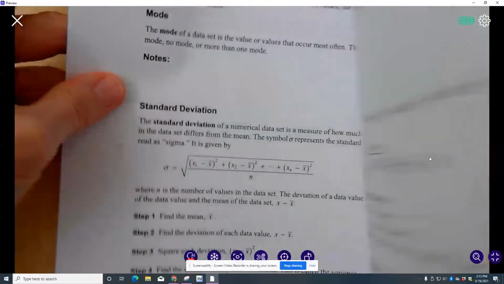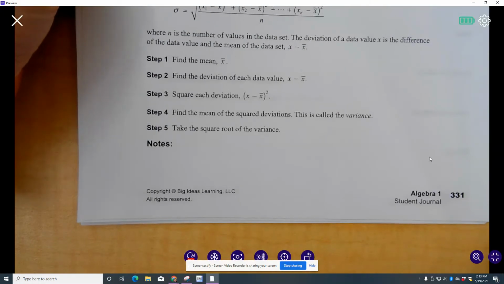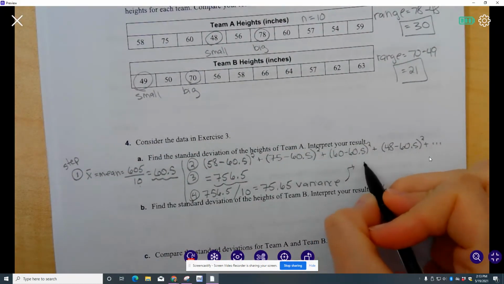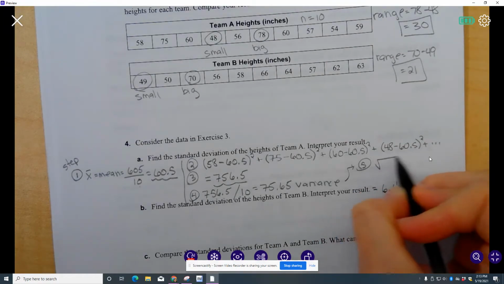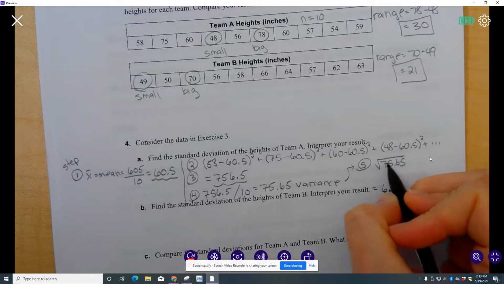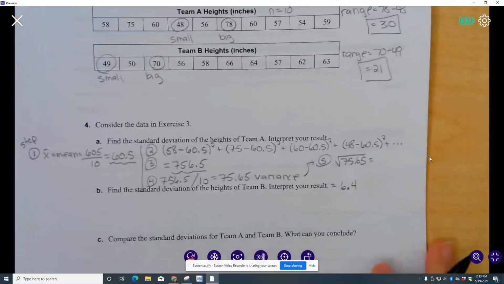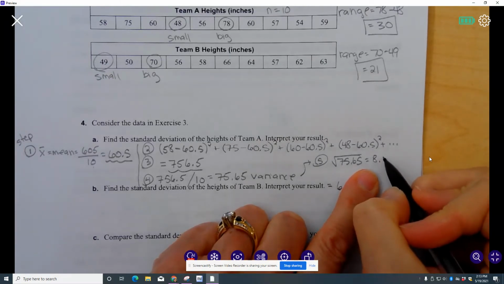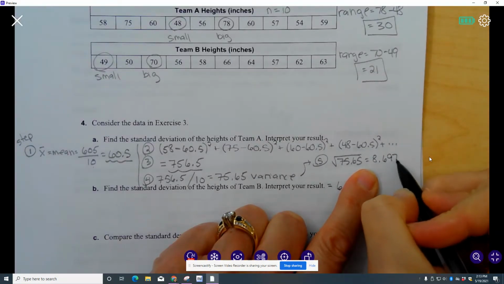Step 5 is take the square root of that number. Take the square root of the variance. So step 5 is going to be the square root of 75.65. So again, put that in your calculator, and you're going to get a decimal. So the decimal is something like that.